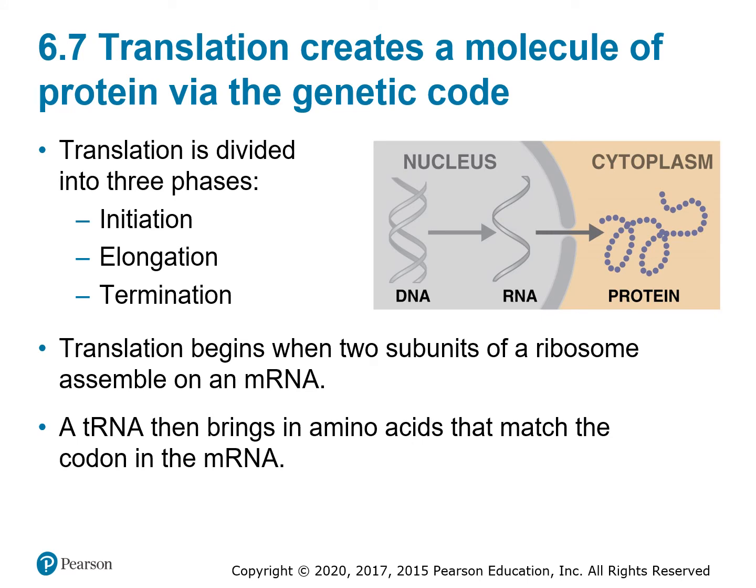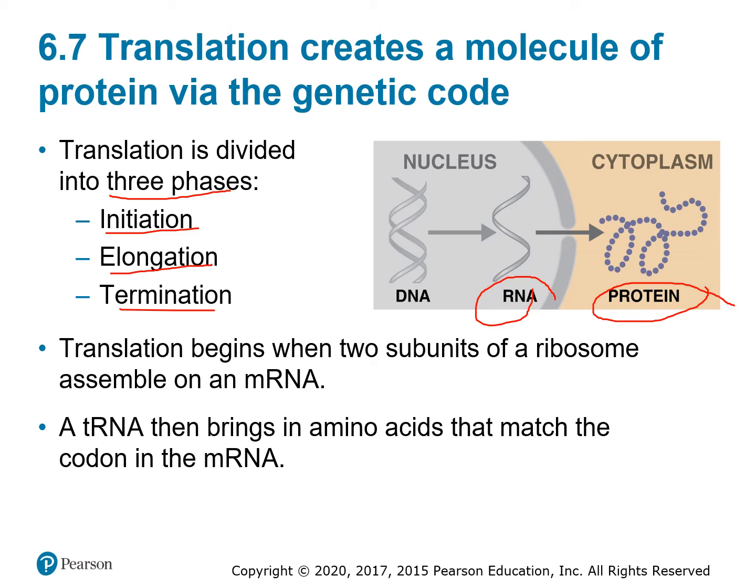So the process of translation creates a molecule of protein via the genetic code. Translation is going from RNA to a polypeptide or protein. And translation is divided into 3 parts: initiation, elongation, and termination. Okay? And translation begins when the ribosome is made up of 2 subunits, a small and a large subunit.